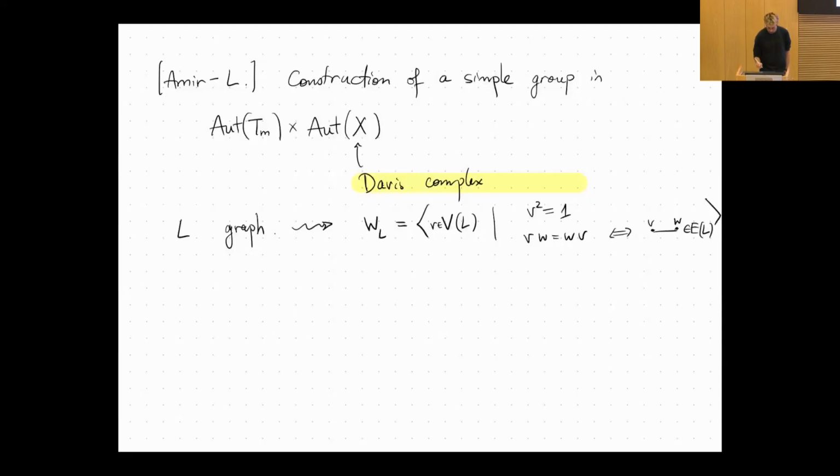And how do you build the Davis complex? You do a similar construction to what we talked about before. You take the Cayley graph, and you fill in squares, cubes, etc. Glue cubes whenever you can to the one skeleton. So this is called the Davis complex, XL maybe.